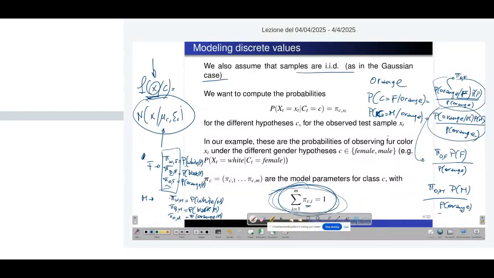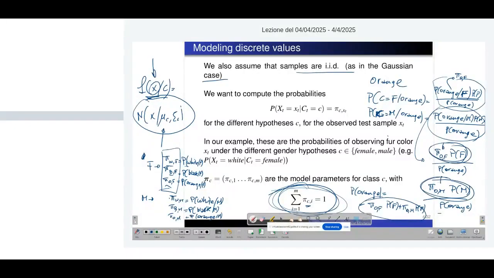Notice that if I want to compute P of orange, it is equal to the sum of the two numerators. So it's the joint probability of orange and female plus the joint probability of orange and male. So once I have these two numerators, I have everything that I need.